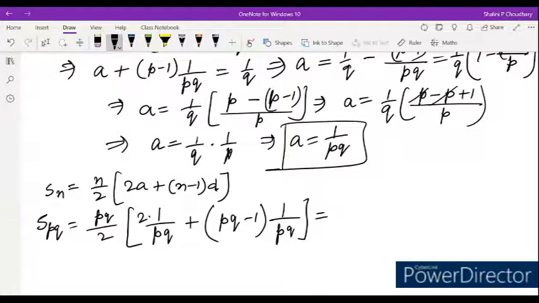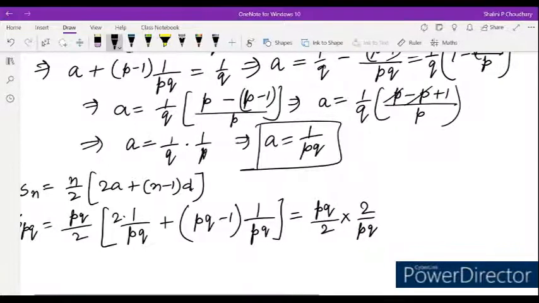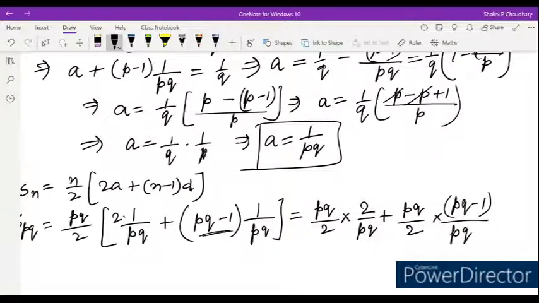Now we have to solve this. So pq upon 2 multiplied by 2 upon pq, okay, plus pq upon 2 multiplied by (pq minus 1) divided by pq. So this is pq upon 2 into 2 upon pq we have written here, so the 2s cancel, and pq also cancels. And pq upon 2 multiplied by this whole term, so this will be pq upon 2 and (pq minus 1) upon pq.